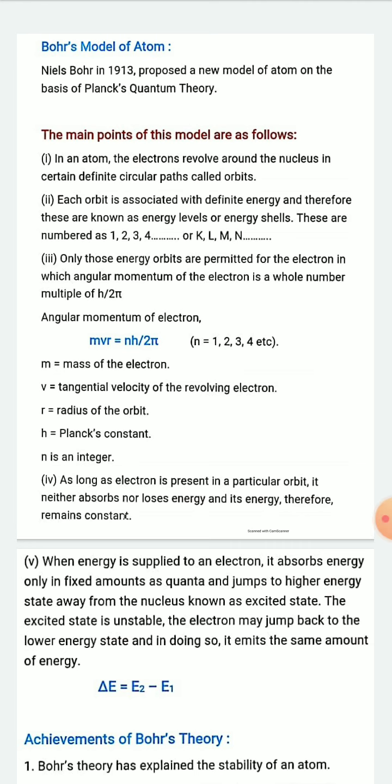Before starting today's topic, I want to tell you something. I think you have seen the reduced chemistry syllabus for the 2021 board exam. If you have not seen it, check the council website and download the reduced syllabus of all subjects and see it properly.